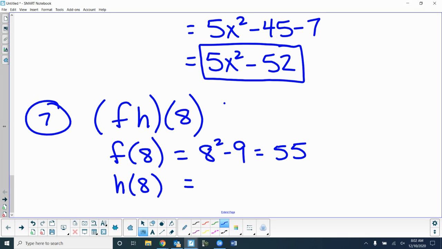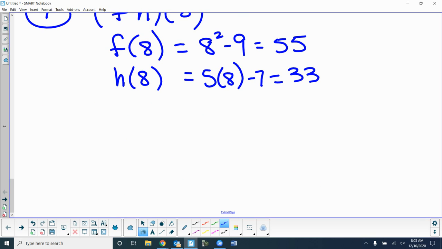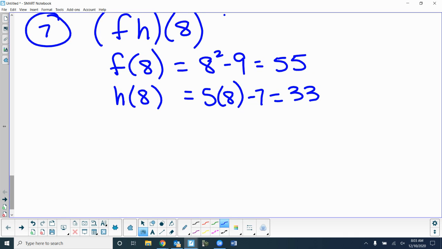And then h is 5x minus 7, so 5 times 8 is 40, minus 7, which is 33. And then I got to multiply those two numbers, 55 times 33, which is 1815.